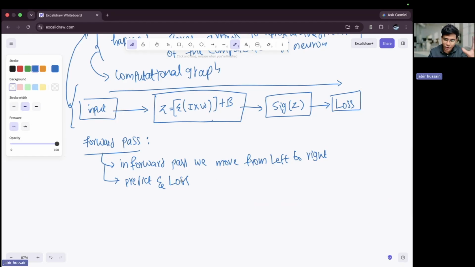One is sigmoid, which is our prediction, and from sigmoid we calculate our loss. These two things are calculated in forward pass.